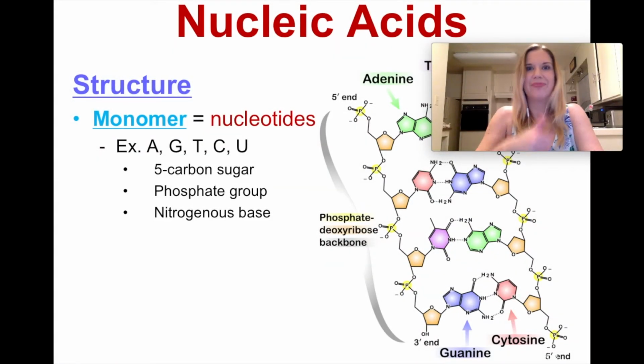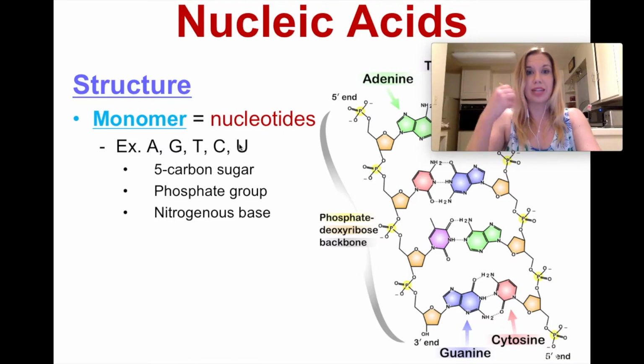Nucleotides contain a 5-carbon sugar, a phosphate group, and a nitrogenous base. I'll say that again. Nucleotides, so adenine, guanine, thymine, cytosine, and uracil, contain a 5-carbon sugar, a phosphate group, and a nitrogenous base. All 3 together are called a nucleotide.